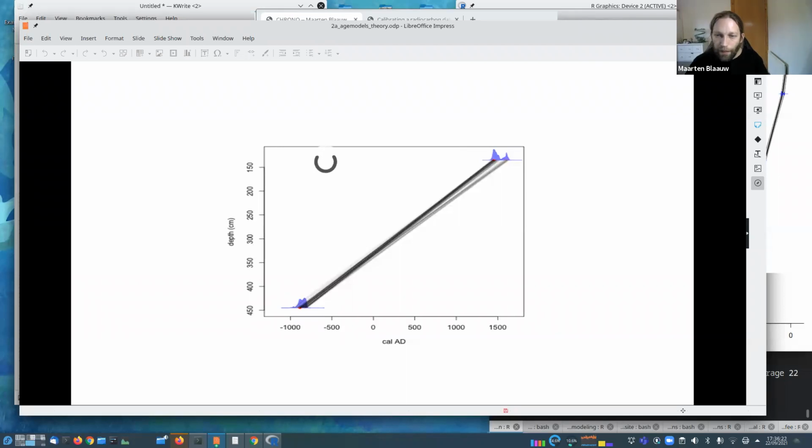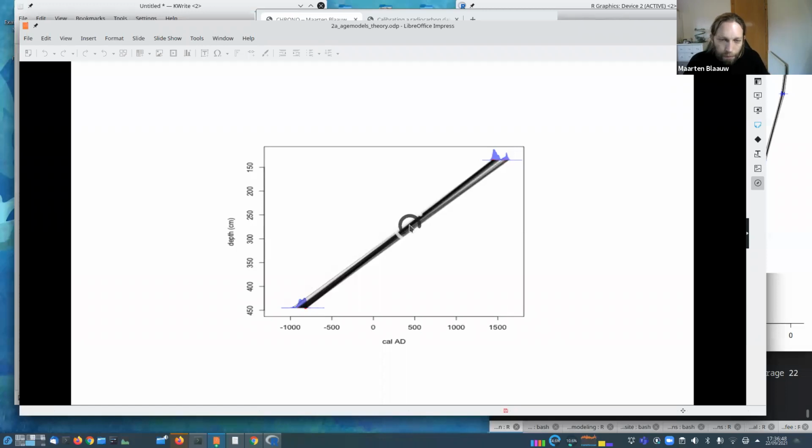Then we end up with a very nice, very precise, very clear model. But the weird thing is that the uncertainty is quite large around the dated levels, but the further away we go from the dated levels, the more certain our model becomes.